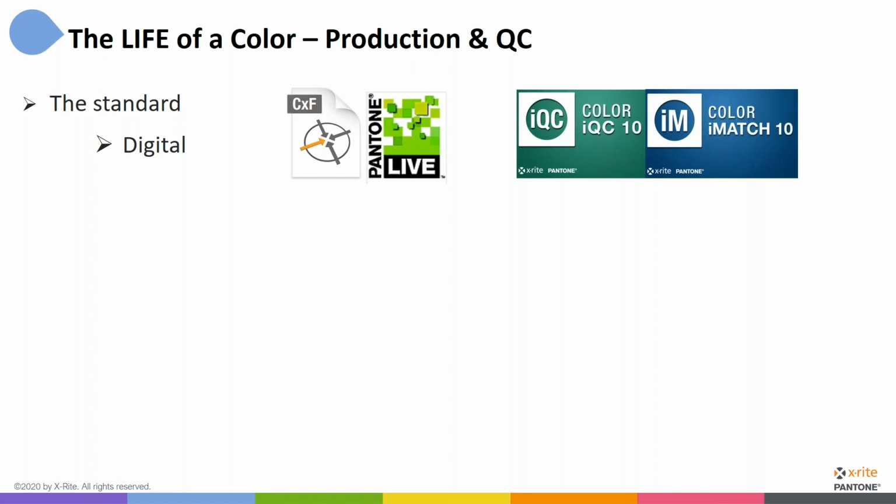So if we're following the workflow, as we did in our third presentation in this series, we were using Color iMatch to formulate the color. Well, once we've got that done, that iMatch job contains the color standard. I could share that job with somebody who's going to be using IQC in production to ensure that they're aiming for the same target, the same standard.